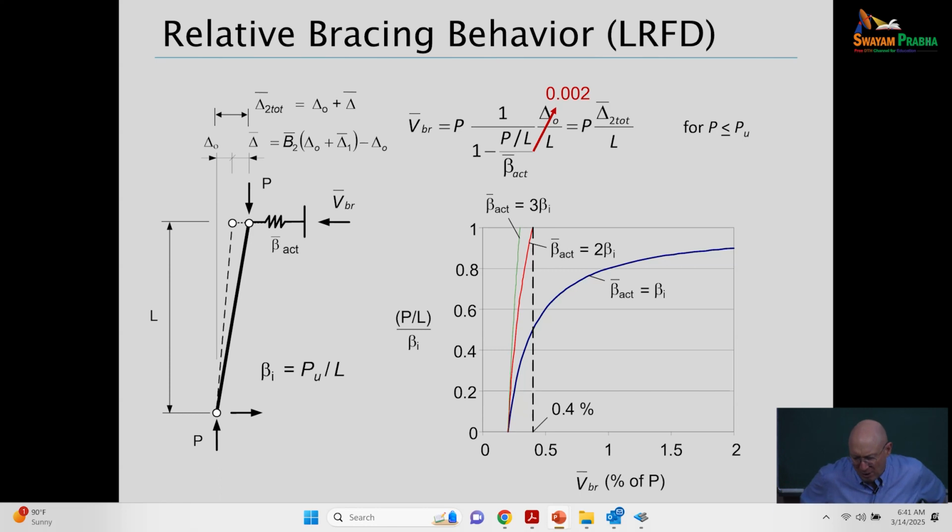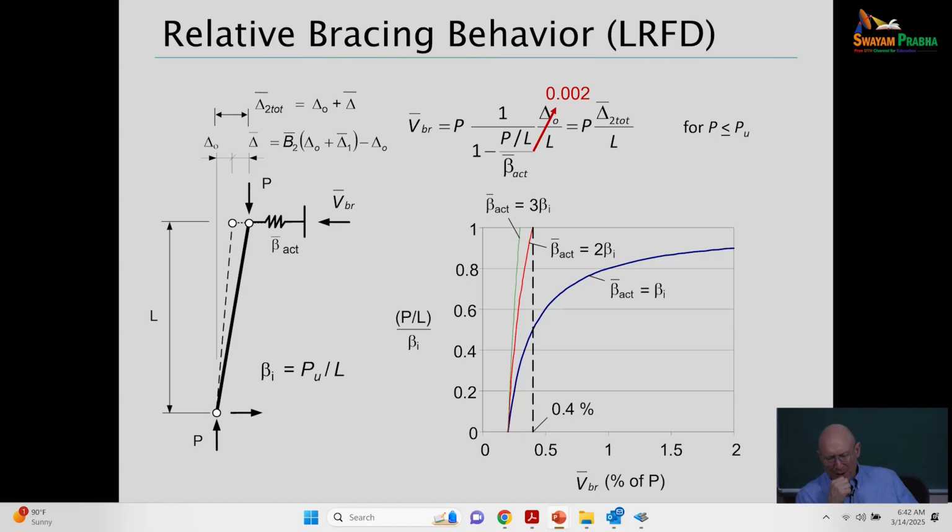And the horizontal axis shows what sort of bracing shear force, if it's a shear panel, or bracing axial force, if it were a strut at the top, we are getting from our analysis. Again, if we didn't start with an imperfection of delta naught of 1 in 500 L, we wouldn't get any brace force.